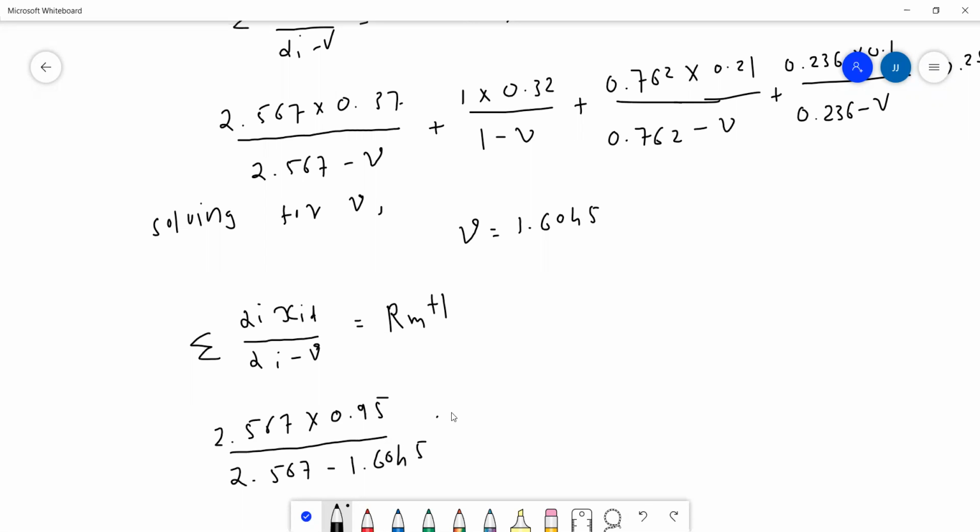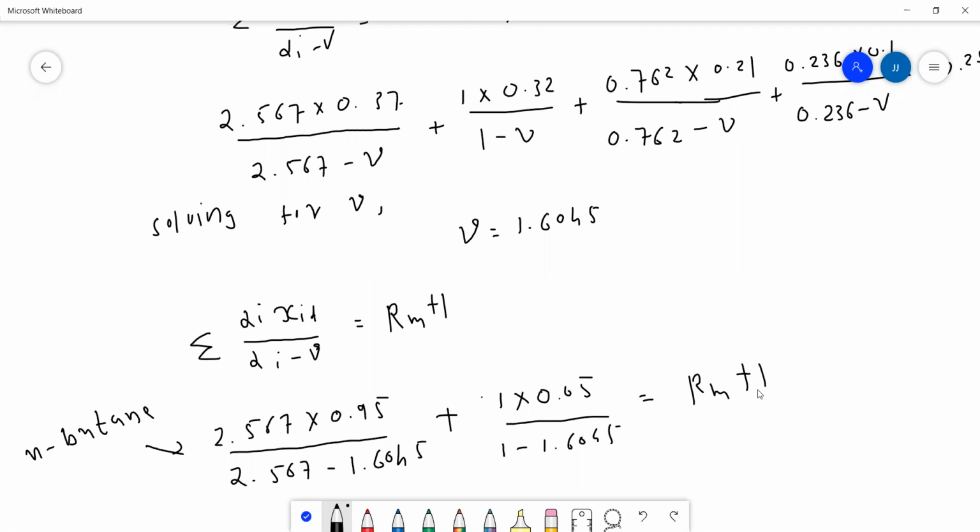This is for n-butane, plus isopentane, whose relative volatility is 1, multiplied by its mole fraction in distillate, which is 0.05, divided by 1 minus 1.6045, is equal to Rm plus 1, right?